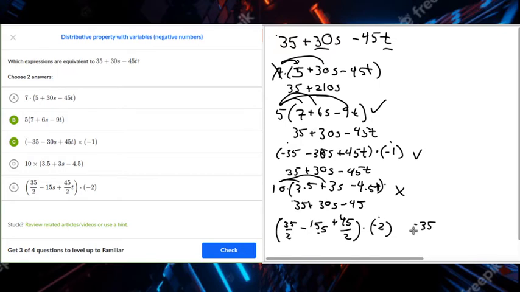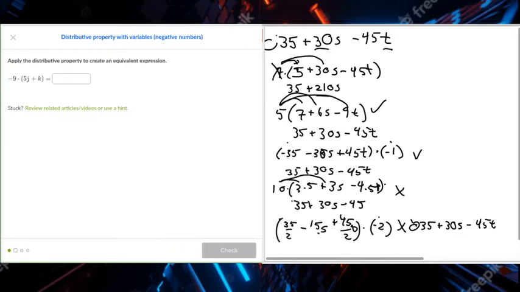Negative 2 times negative 15s, we'll get plus 30s. And then negative 2 times minus 45 halves t, and we'll get plus 45t. And our problem here is this negative up here. So this one is also wrong. So we're going to get that one wrong. No. Let's check. Okay, good.